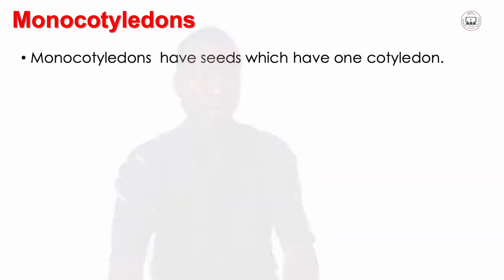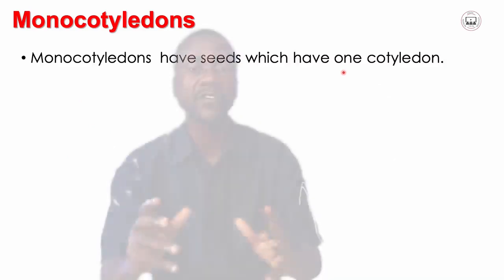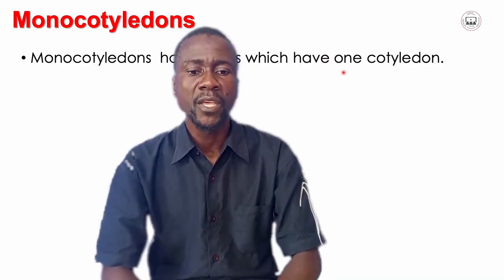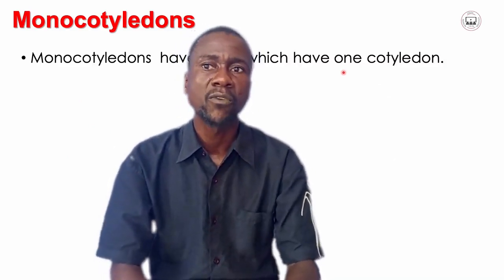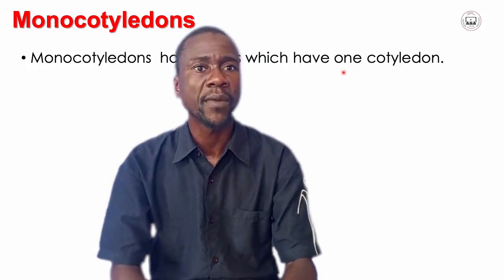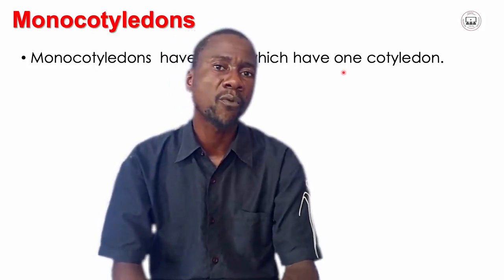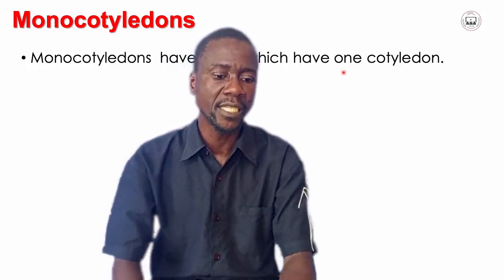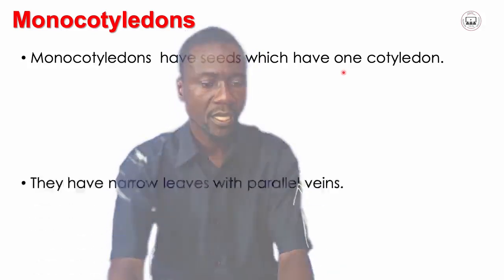How can you know that this is a flowering plant, but it is under the category of monocotyledons? The monocotyledons have seeds which have one cotyledon. If you harvest a seed from any type of plant, and that seed has one cotyledon, then that seed is regarded as a monocotyledon.